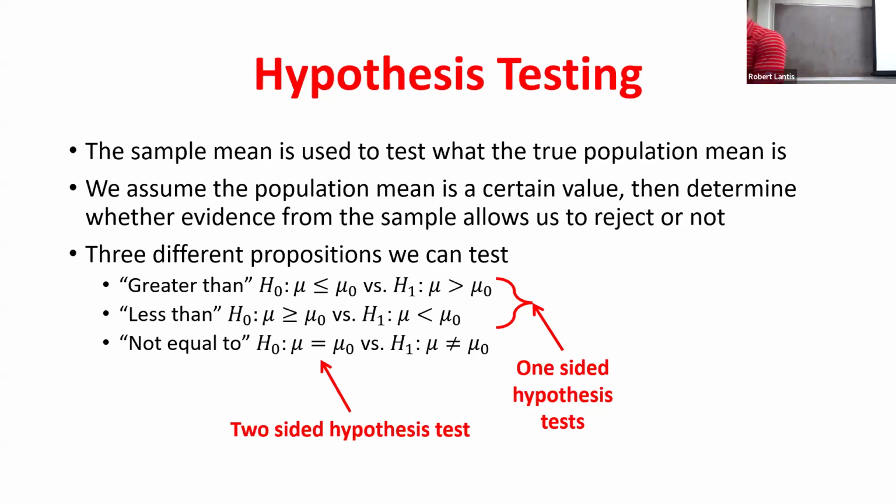I then take a random sample. Sorry, I'm looking at my sample means. I take a random sample, I calculate a sample mean, and maybe I see a sample mean that's up here, right? It's inconsistent with what I assume to be true, okay?